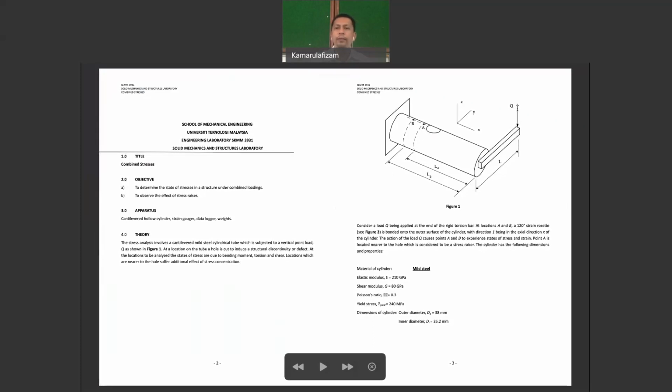For this kind of setup, when you apply load, the load data will be given to you by the lab staff.